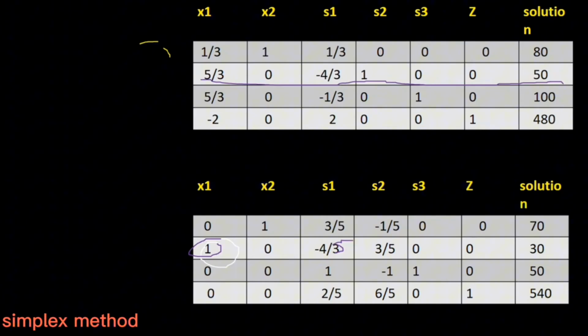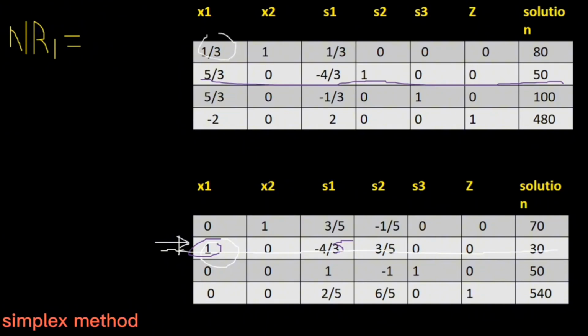Then let's find new row 1. We are still going to use the pivot. Our pivot point is what? This row 2. This new row 2 is our pivot point. I want to use it. Therefore, for row 1 here, our objective is to have what? 0 at this point. To have 0 here is what?